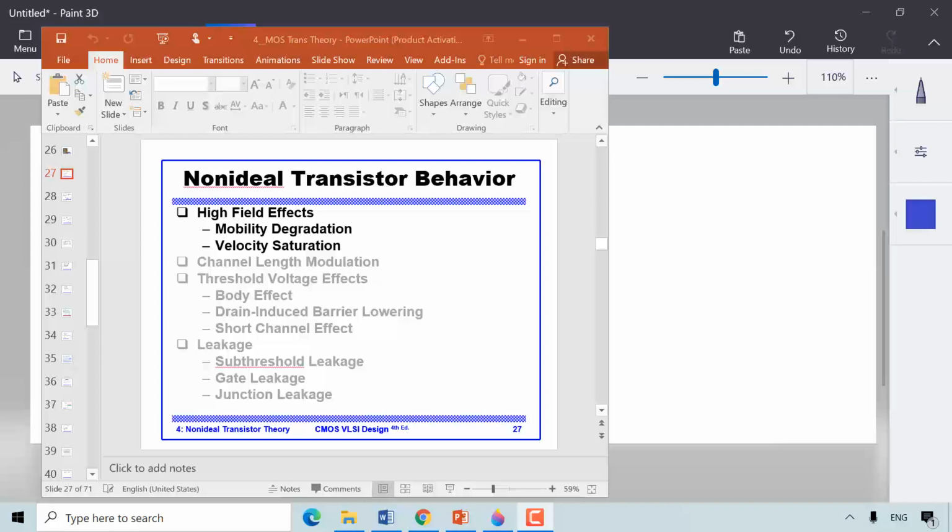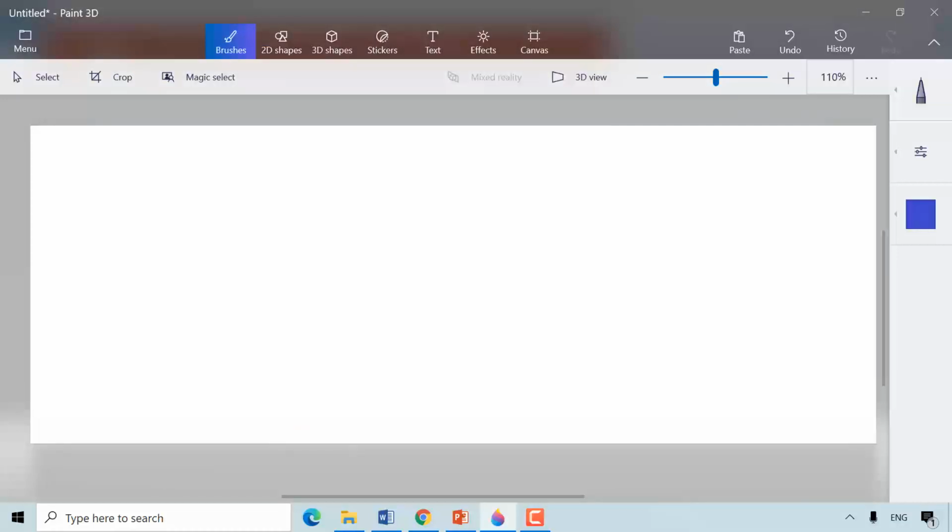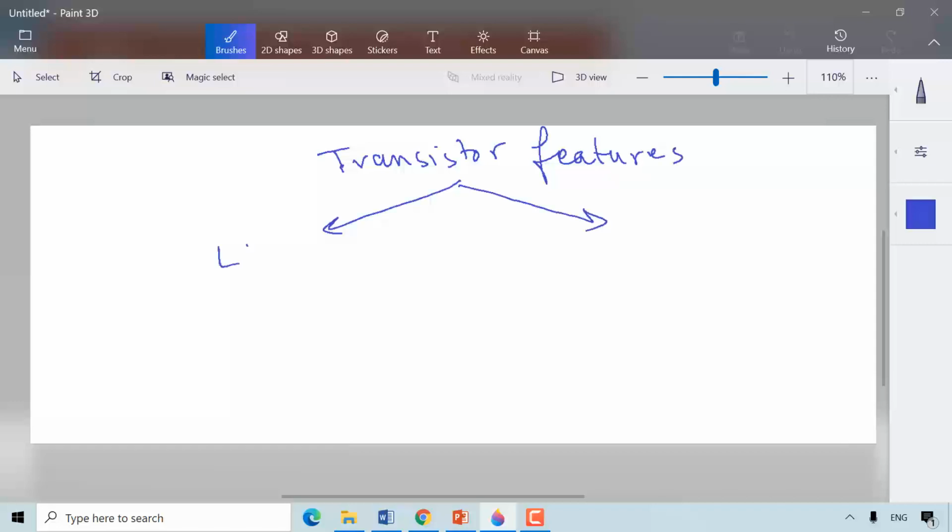Before we get there, let's explain one thing: in terms of transistor behavior and features, if we have a feature size or transistor length greater than a quarter micron, typically what we have studied applies, and this is referred to as a long channel transistor.